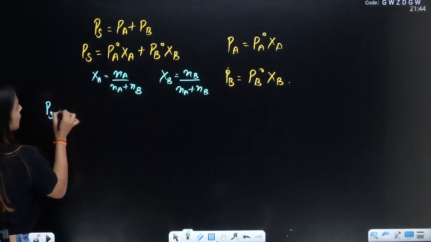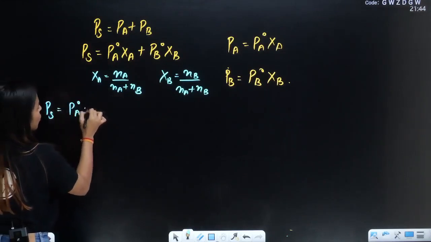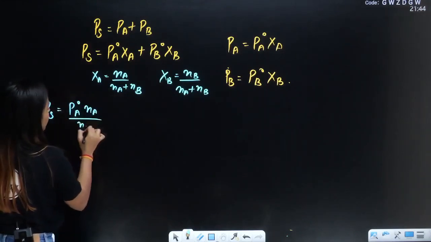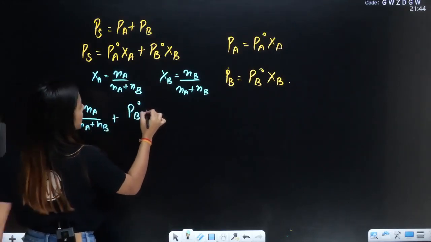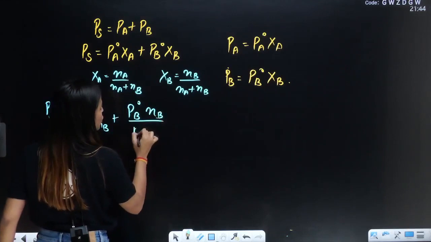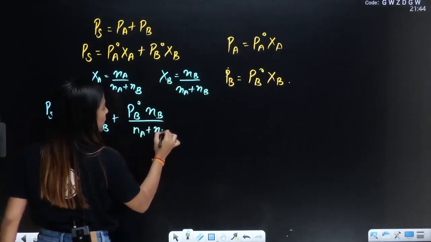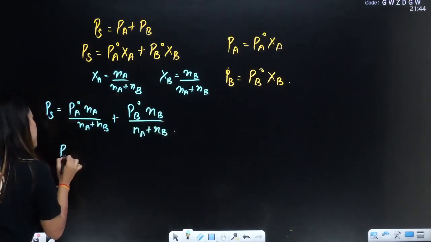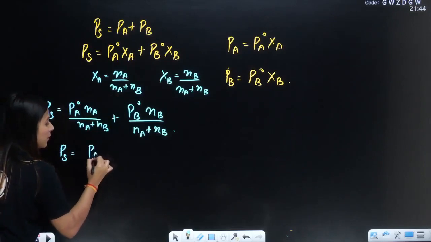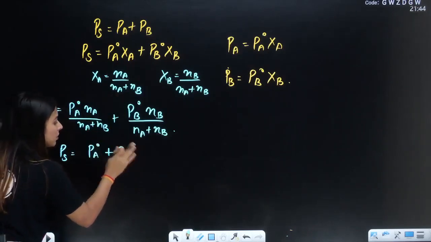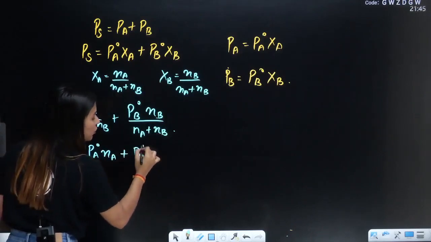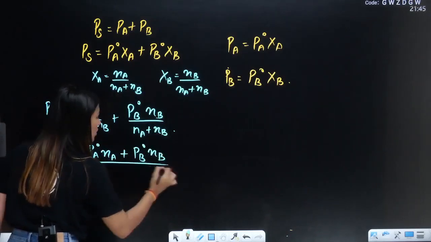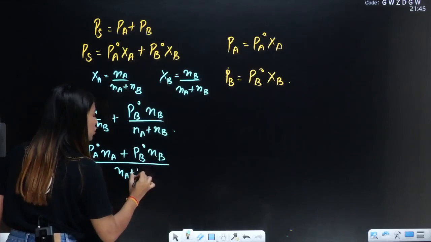So PS will be equal to PA naught into moles of A upon moles of A plus moles of B plus PB naught into moles of B upon moles of A plus moles of B. This means that PS is actually equal to PA naught into moles of A plus PB naught into moles of B upon moles of A plus moles of B.